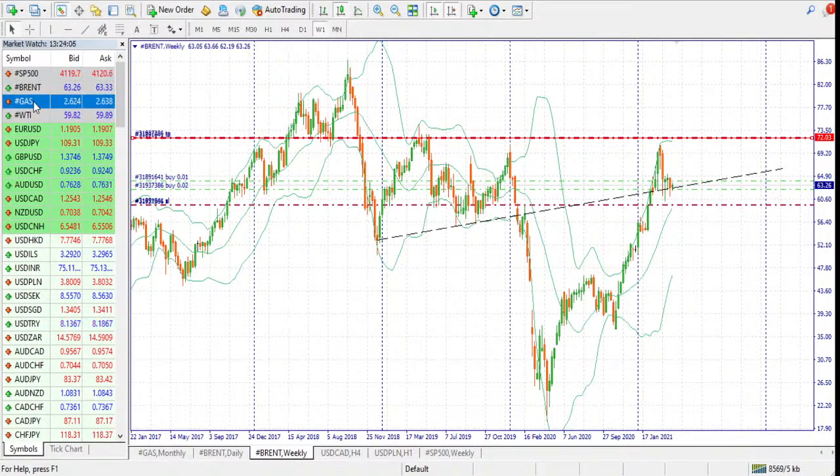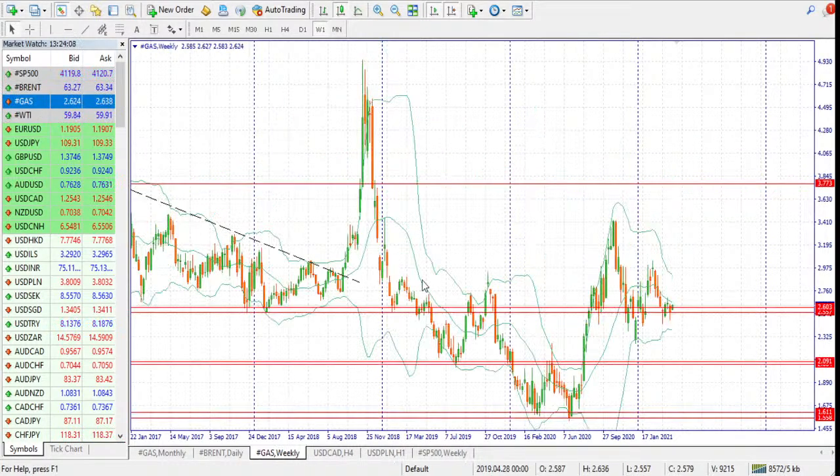Our next chart is natural gas. On natural gas, we are around a very good support. It's around 2.603, 2.557. That's a very good support level, support zone. While we continue to see price above that level or within that range, expect buyers to come in strongly on this chart. Expect buyers to take control.